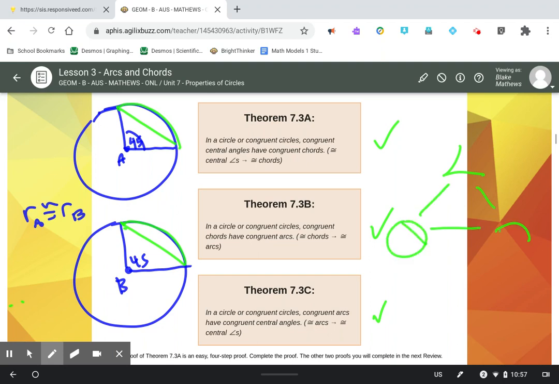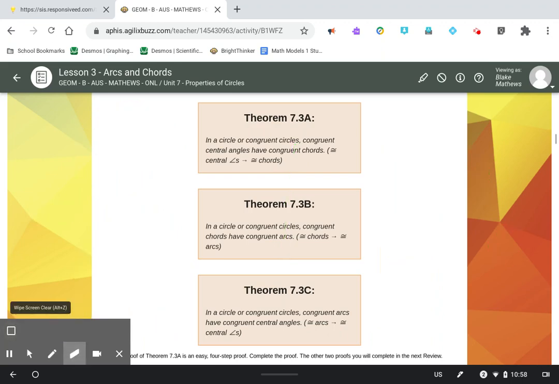So chords, arcs, and angles always are proving one another congruent. Okay, it's pretty basic. It kind of seems a little bit obvious when you really look at it. So we will use those in some of the proofs, and I'll make sure I point that out, and then I will put these examples in the notes.